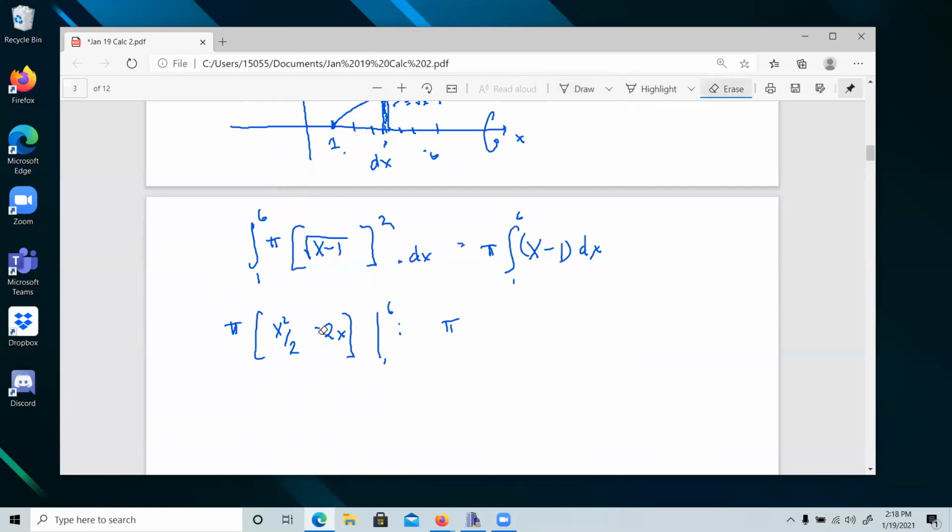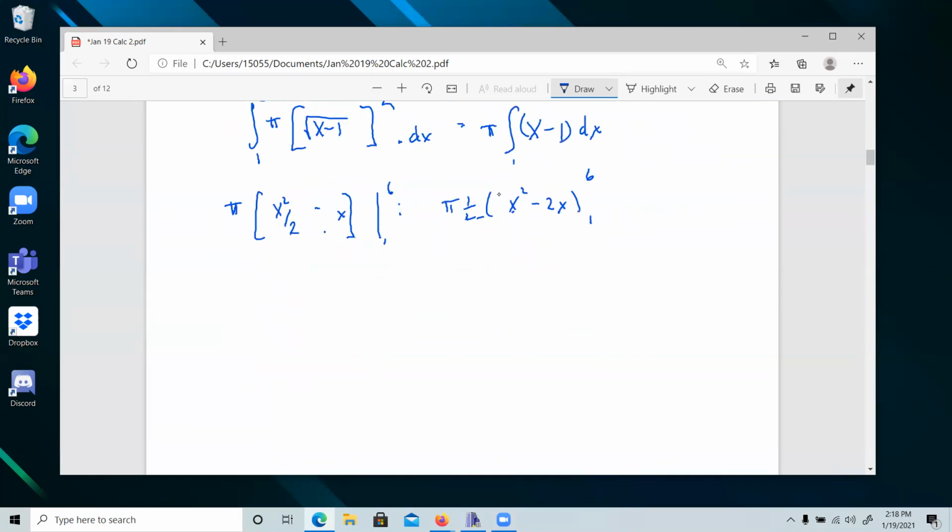It's not 2x, just minus x. So if I pull a 1/2 out, we've got x squared, now I've got a minus 2. Put this back in, do we get the same thing? Yeah, we do. And then we're going from 1 to 6.